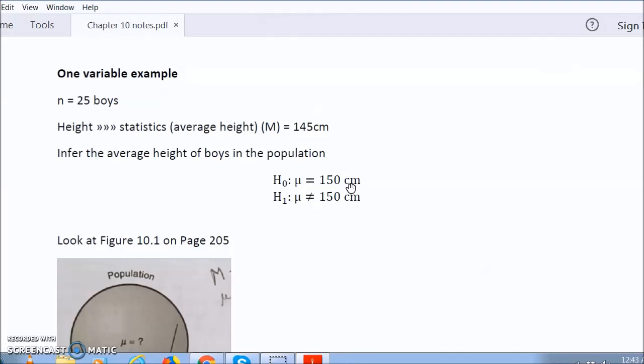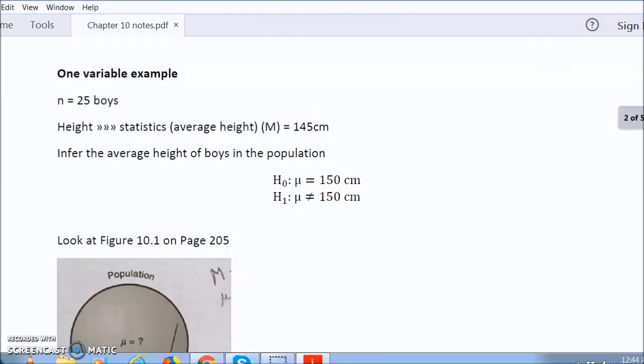So the alternate hypothesis then would be that mu is not equal to 150 centimeters. The thing to notice is that here you have the mu. That means you are talking about the population that the sample has been collected from. You are inferring what the values of the population mean will be, so that you can go back and tell what inferences you make.